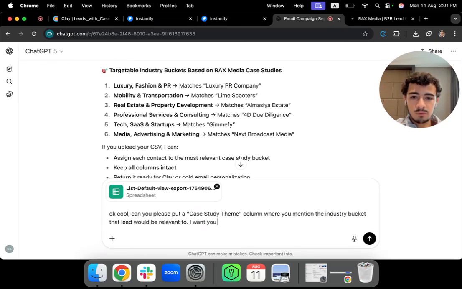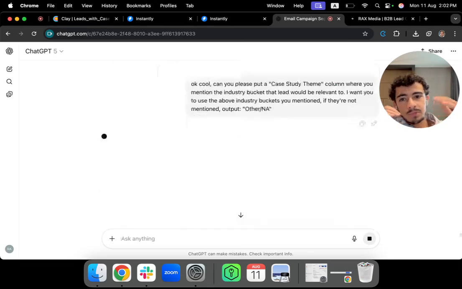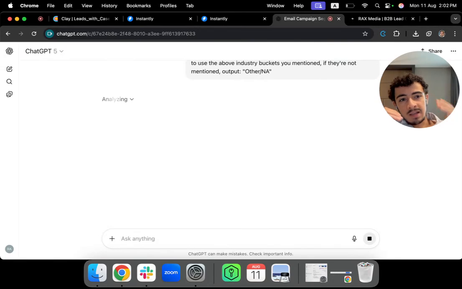I want you to use the above industry buckets you mentioned. If they're not mentioned, output other, or something like this, okay? So now it's going to go ahead and take this list of people and match it to that list of leads. I'm going to show you what the output actually looks like.